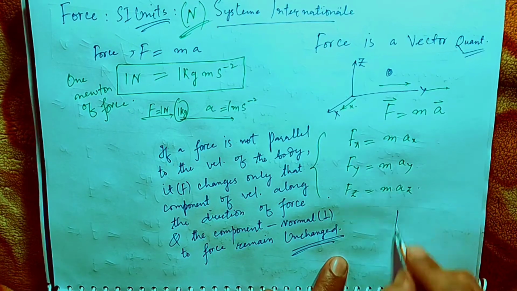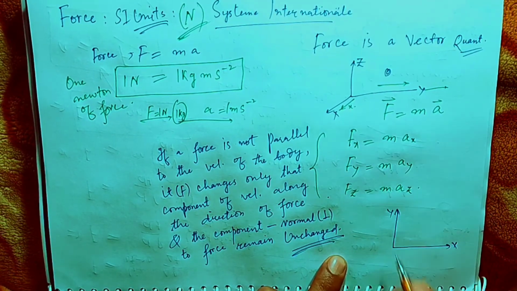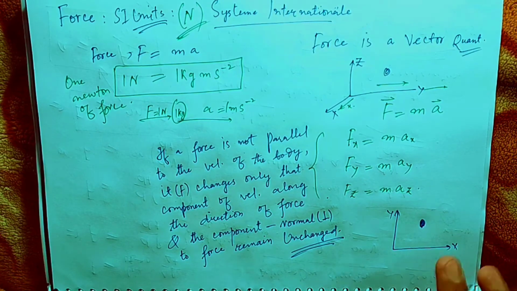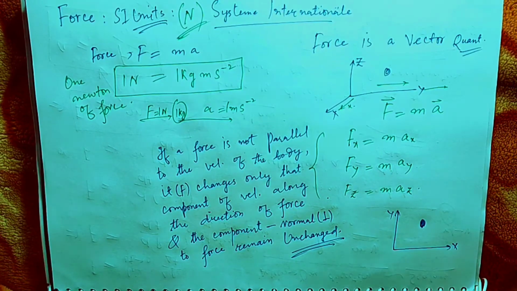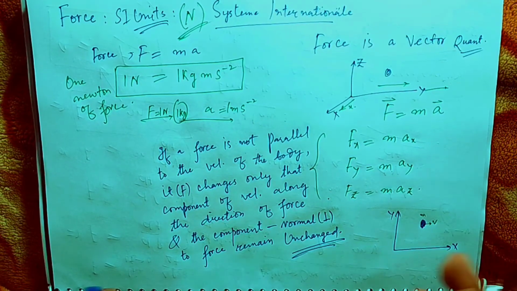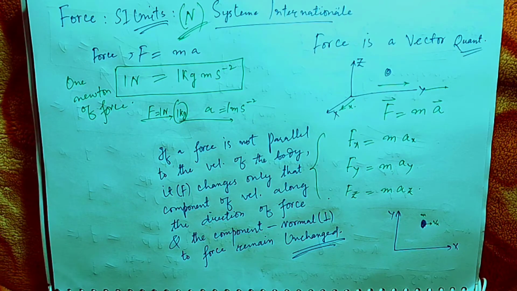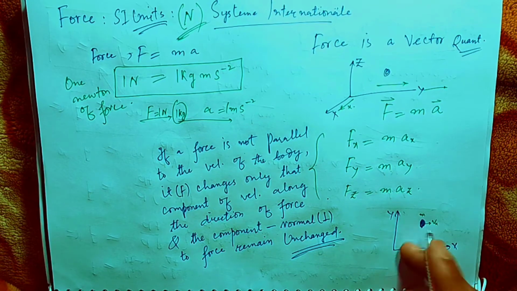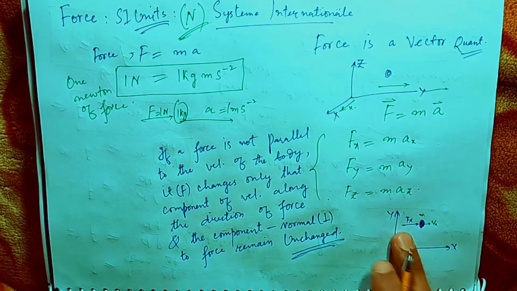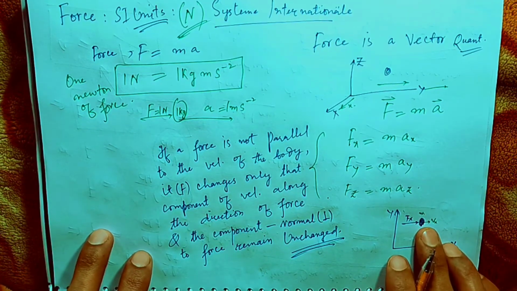What does that mean? For example, we have a coordinate system, xy coordinate system. Here it's x, it's y. Suppose here is the body, possessing mass m, moving with velocity, suppose v, and it's moving along the x-axis only. Suppose we are applying a force upon it along the x-axis only. That force acting upon it is along the direction in which it is moving already.